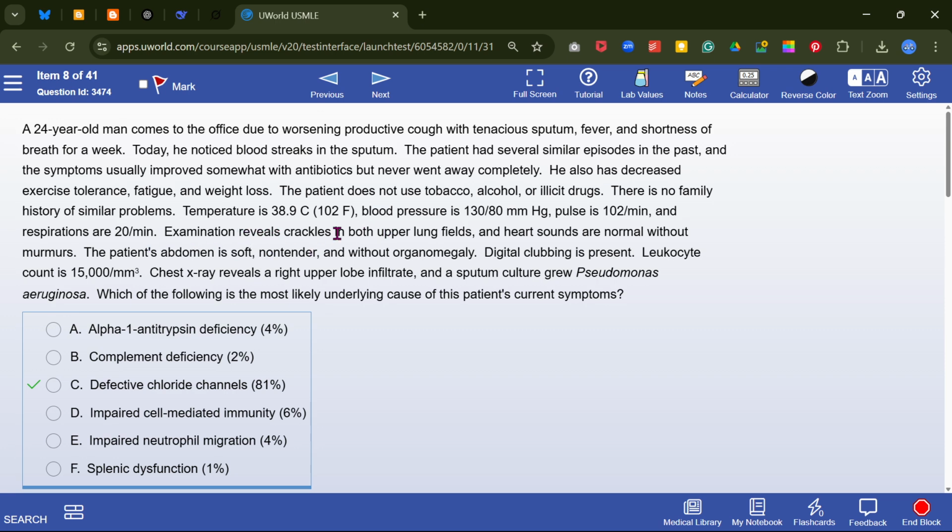Examination reveals crackles in both lungs, and heart sounds are normal without murmur. There is diffuse clubbing. Leukocyte count is 15,000, so it looks like there is an infection. Sputum culture shows Pseudomonas aeruginosa. Which of the following is the current diagnosis?